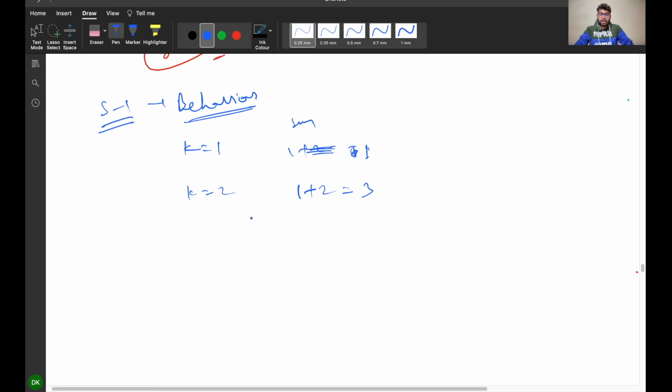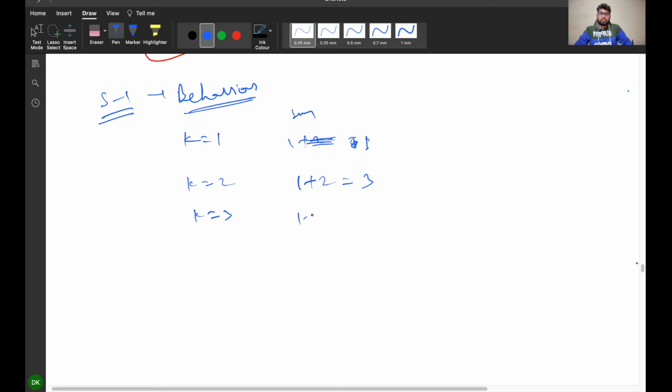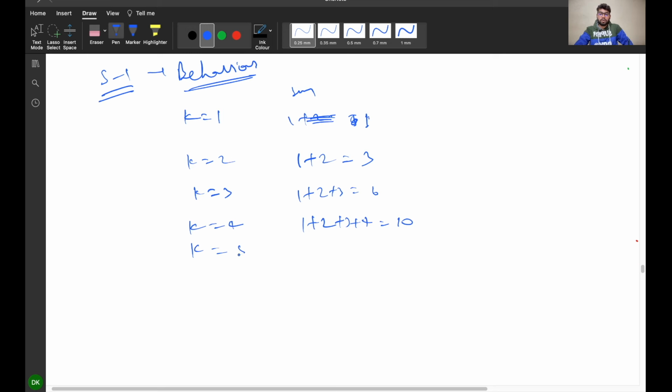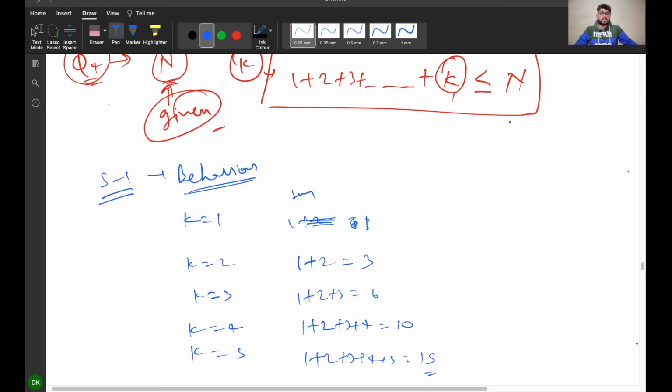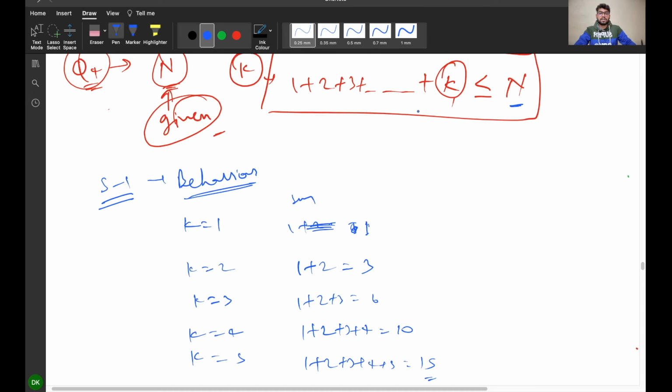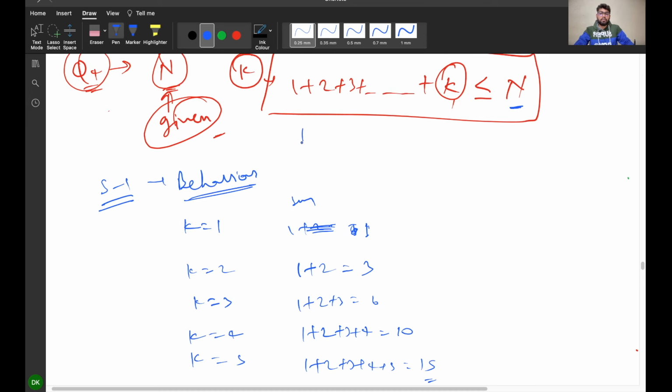If k is equal to 3, then 1 plus 2 plus 3, that is 6. If k is equal to 4, then the sum is 10, and if k is equal to 5, then the sum is 15. So if I increase k, my sum is also increasing, and what is n over here? That is the sum of all elements from 1 to k.